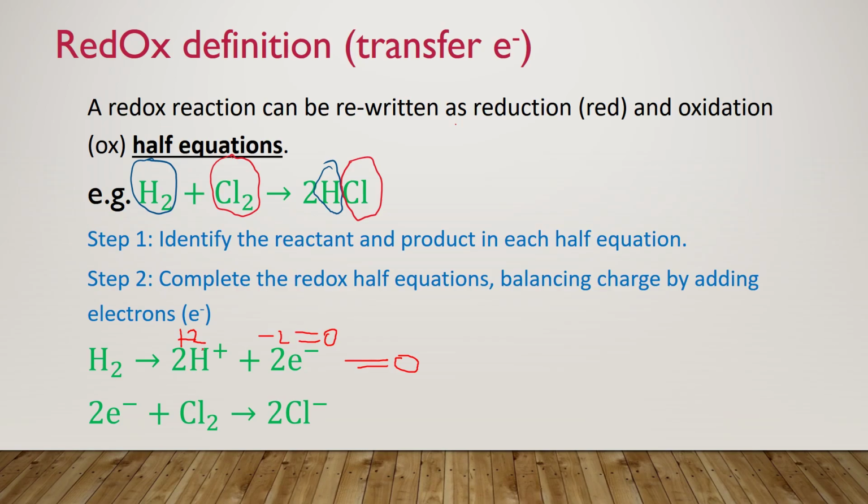So all we need to do then is balance for charge by adding electrons. We have a neutral chlorine, so 0, and 2 lots of negative 1, so overall we have negative 2 on the right hand side. To balance, we just need a negative 2 charge on the left hand side, and we are complete.